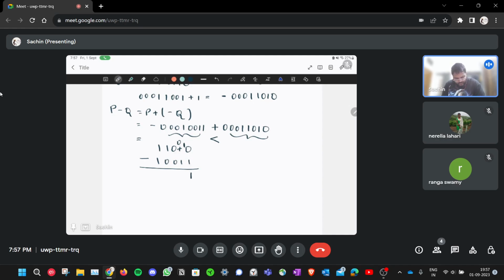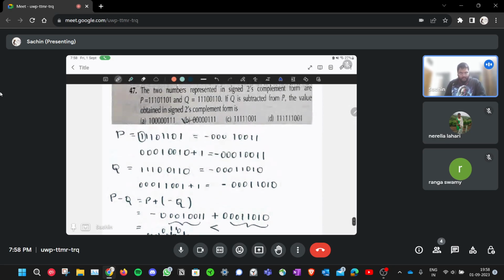Again you have a 0 minus 1, so you borrow a 1. This will become 0, this will become 10. Then from that you borrow a 1, so it will become 1, this will become 10. So 10 minus 1 is 1, 1 minus 0 is 1, 0, 0. The remaining 3 bits were zeros anyway. So that's option B.